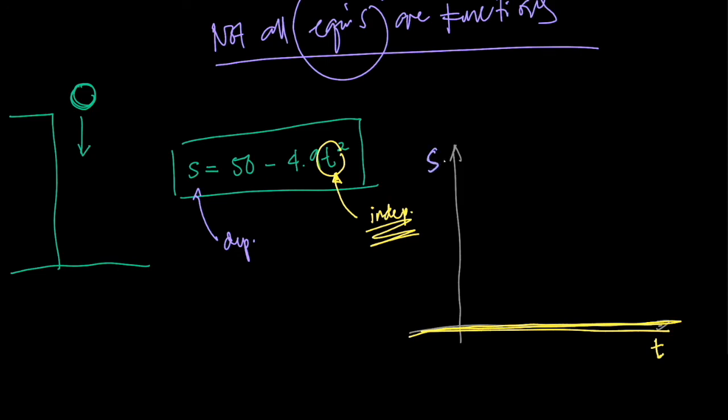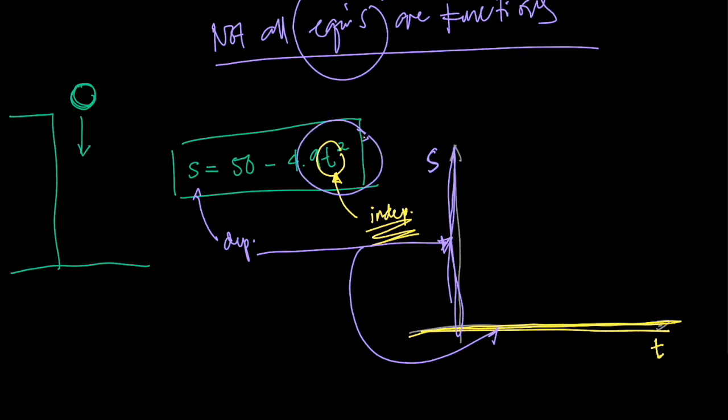So s will be at the vertical axis. The independent variable goes to the horizontal, and the dependent goes to the vertical axis. The trick here is if you see time, time would most probably be the independent variable since time is consistent.